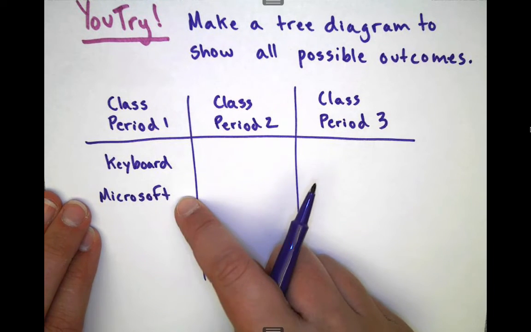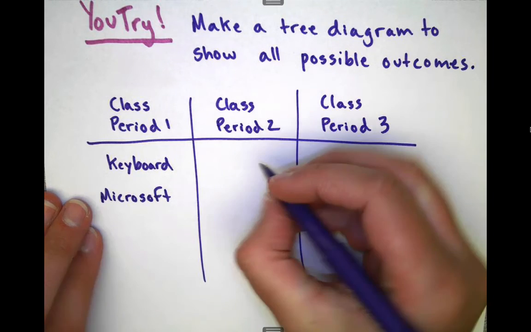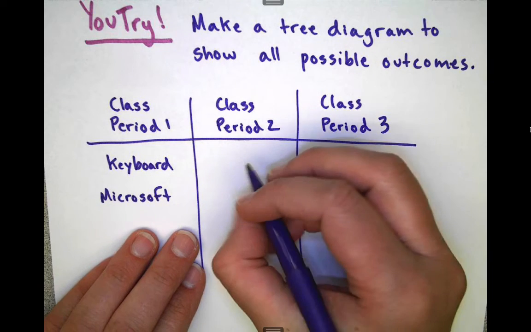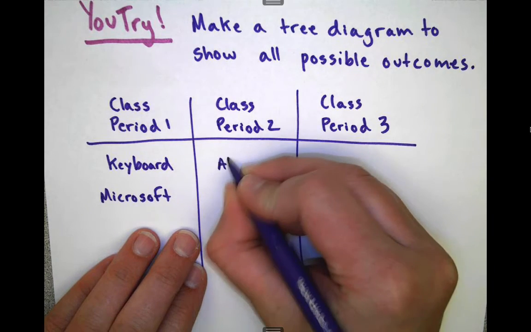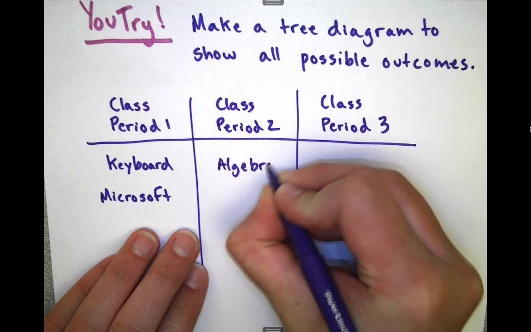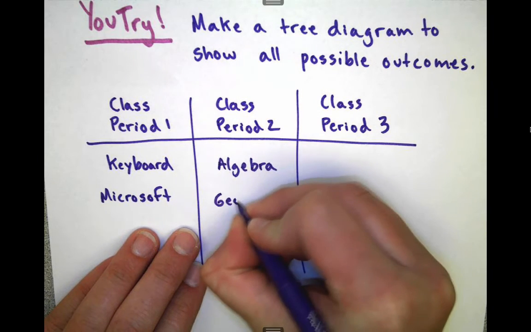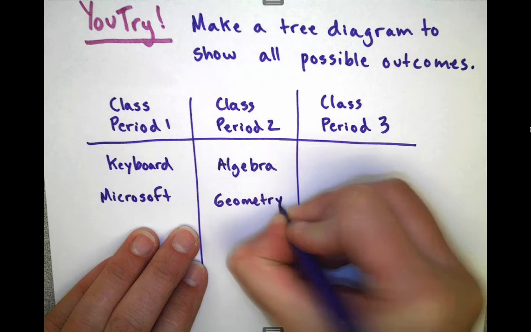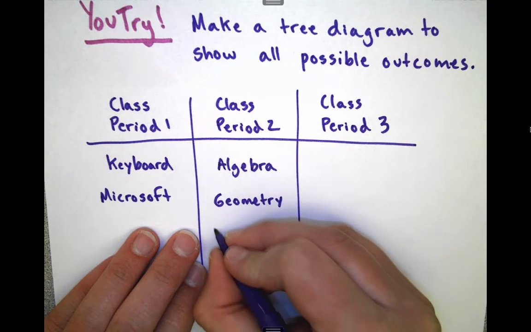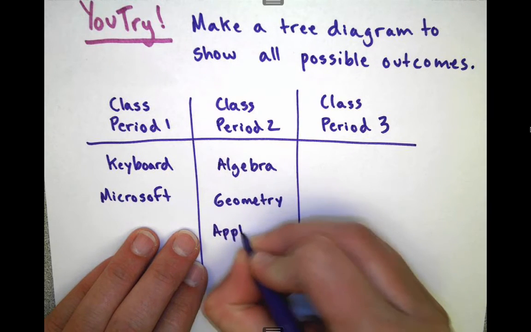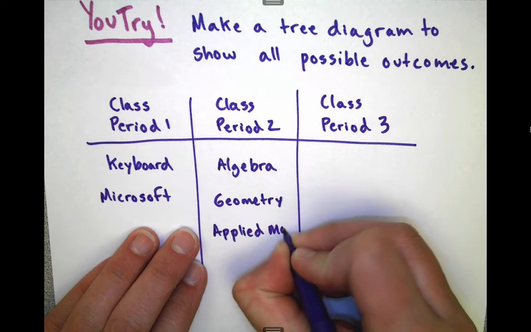Keyboarding or Microsoft class. Okay, then for class period number 2, this is where you get to choose your math class, and the choices this year are you can take an algebra class, or you can take geometry, or you can take a class called applied math. There are 3 choices.